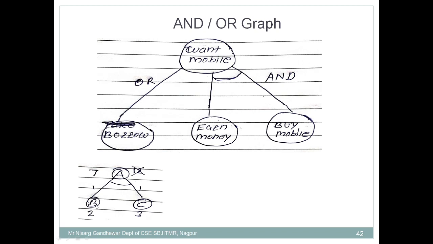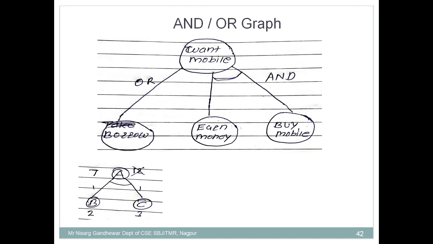In this case we have two nodes, B and C. The h value for B is 2, the h value for C is 3, and this one represents the cost of moving from A to B, and the cost of moving from A to C is again 1. So our formula is the same: f(n) = h(n) + g(n). We know that the f value can be calculated as the sum of two values: one is the h value and the second is the g value.